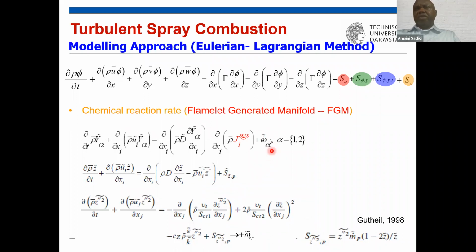And we assume that we don't have a source term in the progress variable, because normally we can also use product so that there is no source term.